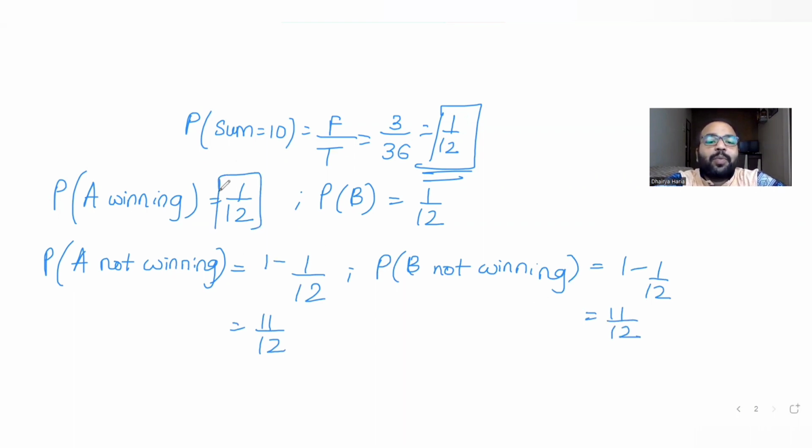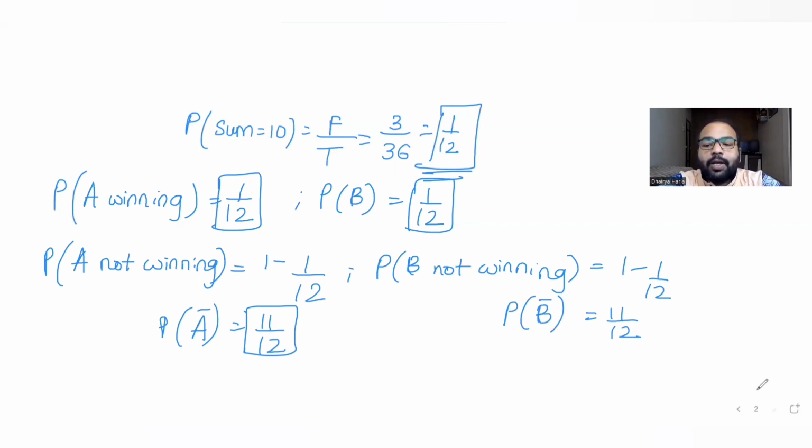Now I have the respective probabilities. Probability of A not winning I can write as probability of A dash, and probability of B not winning the game is probability of B dash. Now, if A starts first, let's find out the probability of A winning this game.